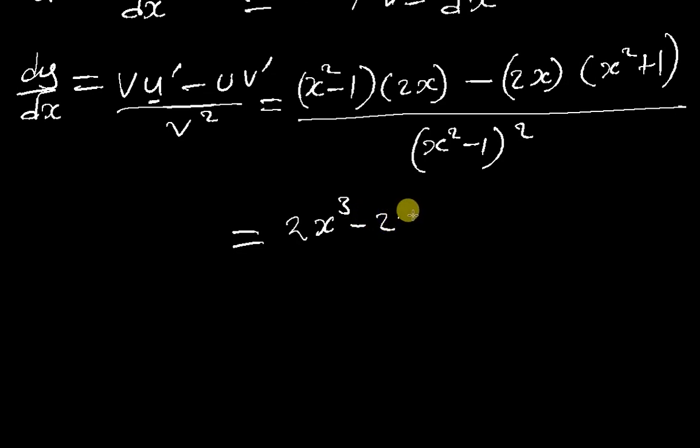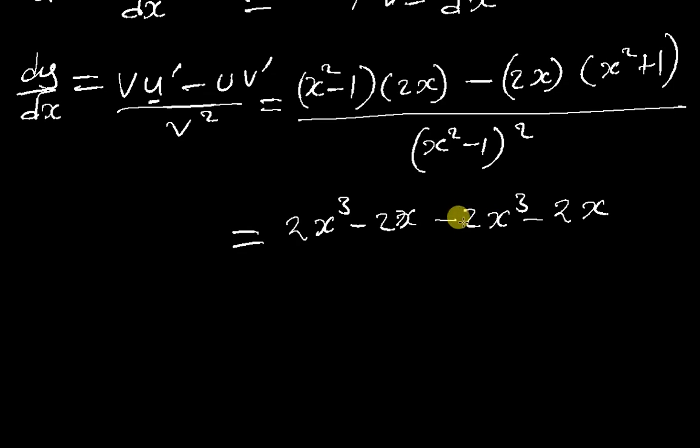And then we also have negative 2x times x squared there, you get negative 2x cubed. That's what you're going to get. And then negative 2x times positive 1, you get negative 2x. And then we divide everything by v squared.